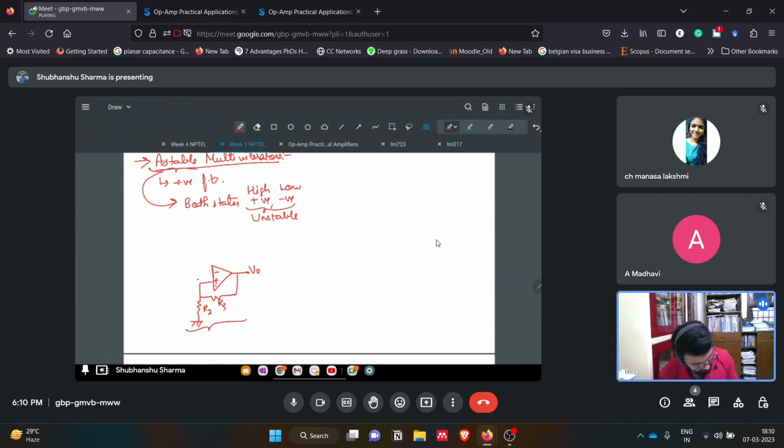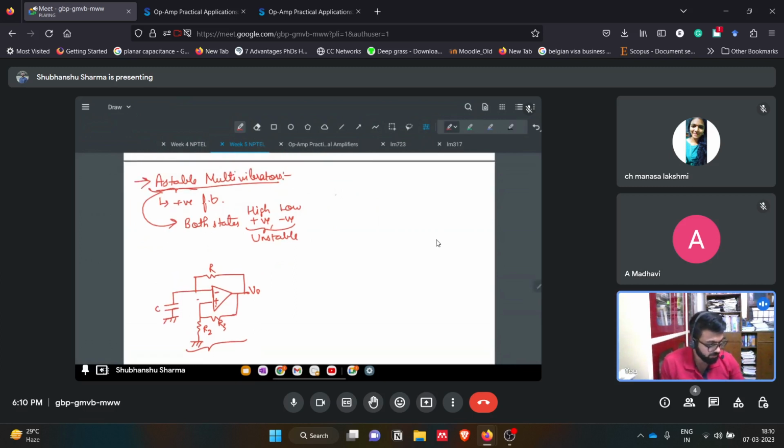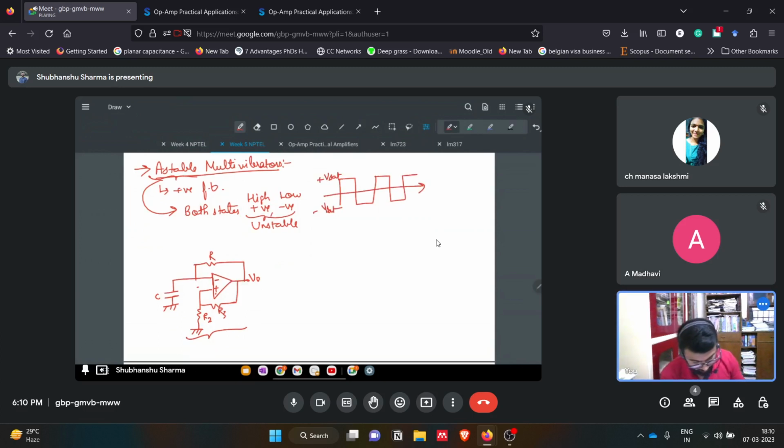But in astable multivibrators, we have attached one capacitor and a resistor in negative feedback. So how will it work? Since this is astable, it will keep on changing. The output pulse will be like this: plus V saturation and then negative V saturation. The frequency of this is given by 1 by 2 pi RC.